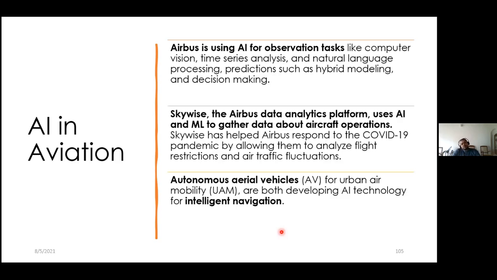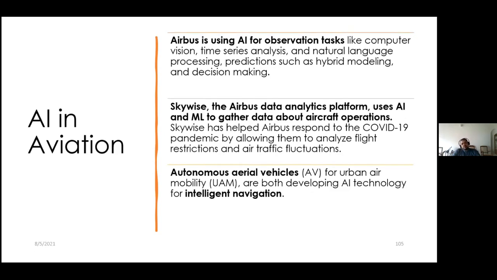DHL, FedEx, they're all using drone technology to deliver parcels, etc. So these are areas that people need to think about as well. Within an airport, within certain restricted areas, how much robotics and how much AI can you use? That's another area to think about, right?